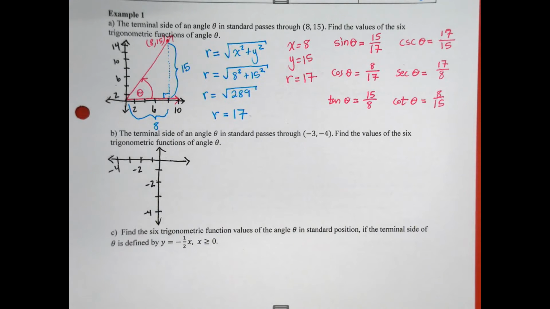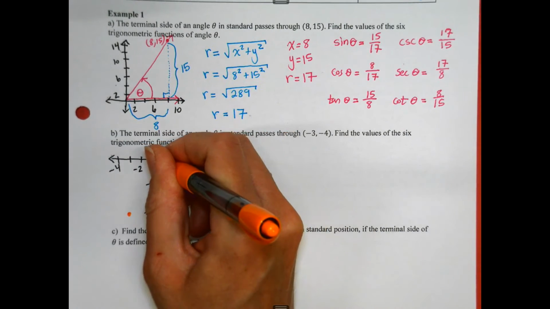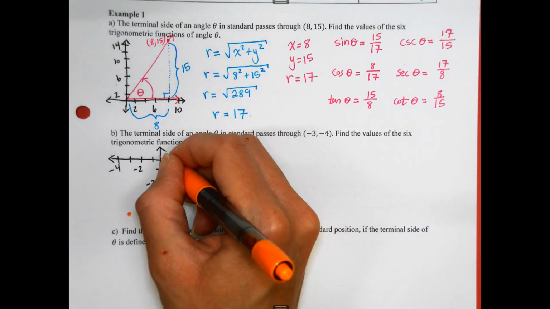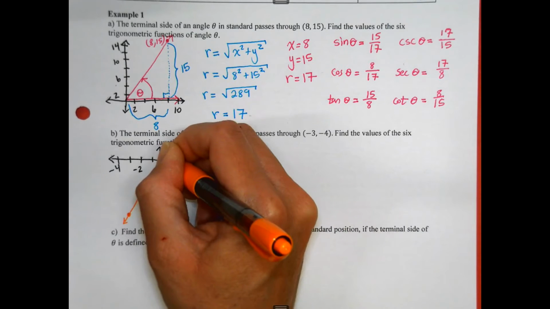We have the point down here at -3, -4. Our angle started on our positive x-axis, and it rotated around and ends down here.